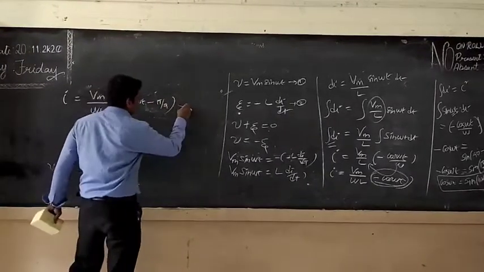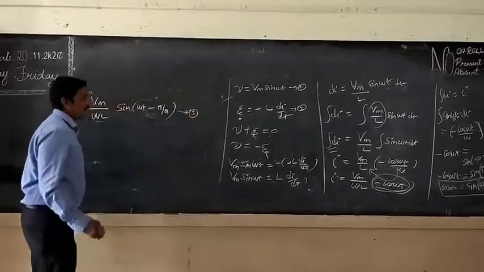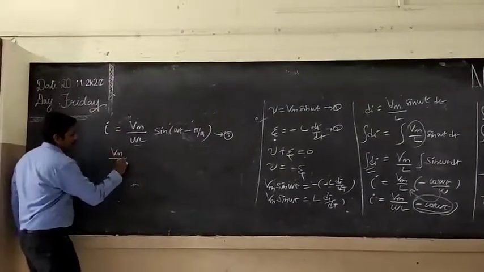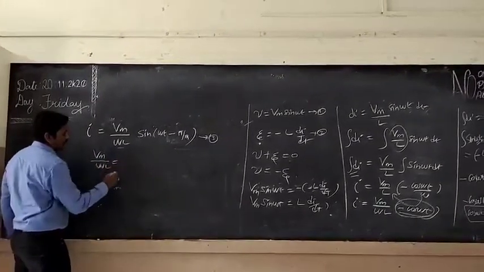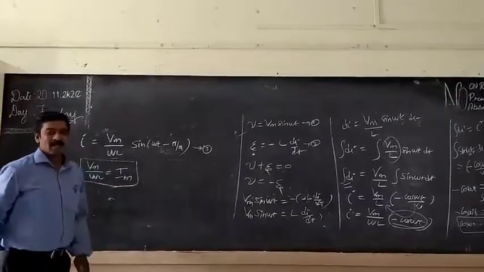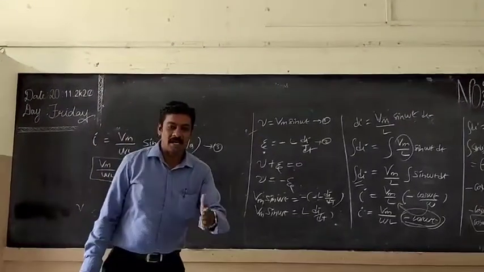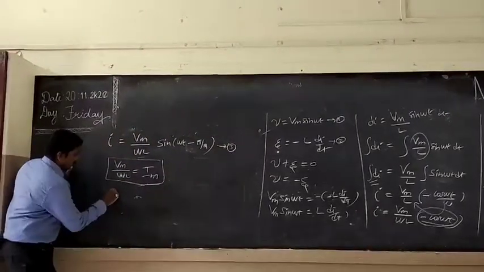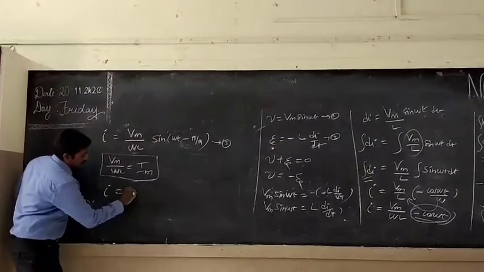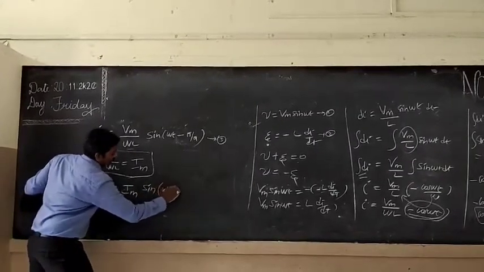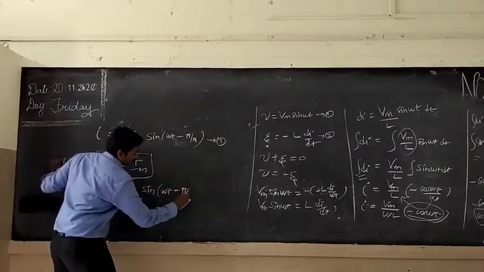This is equation number 3. Now Vm by omega L is equal to Im. That is the maximum current flowing in the inductor containing AC circuit. Now I is equal to Im sin omega t minus pi by 2.